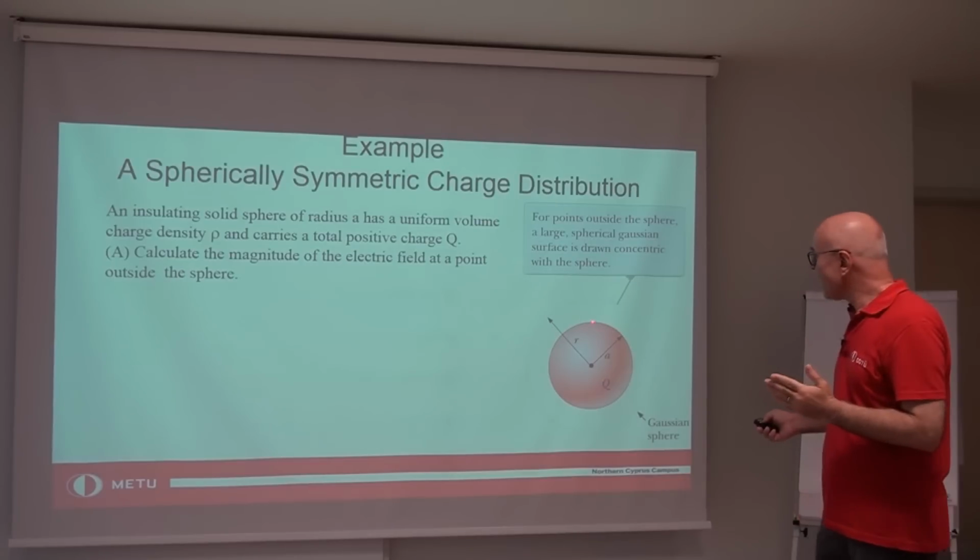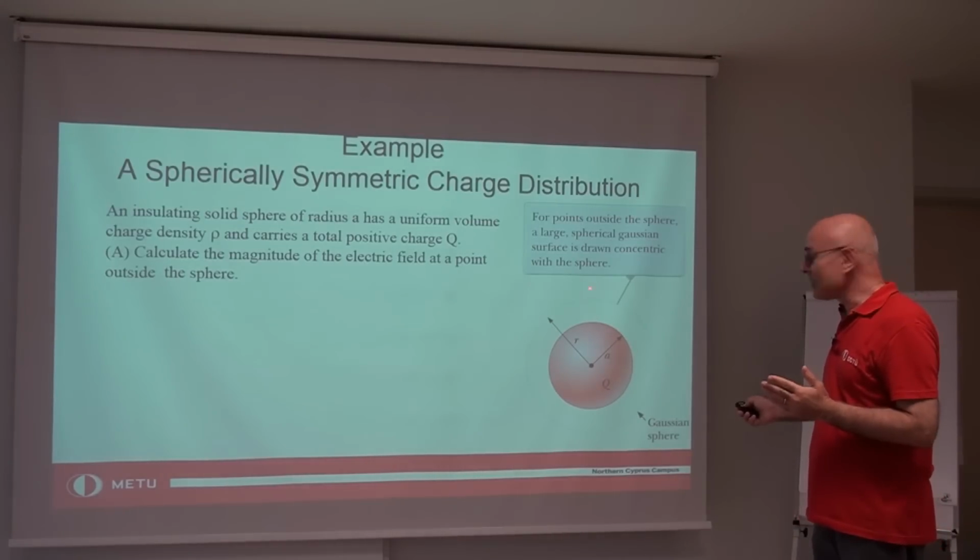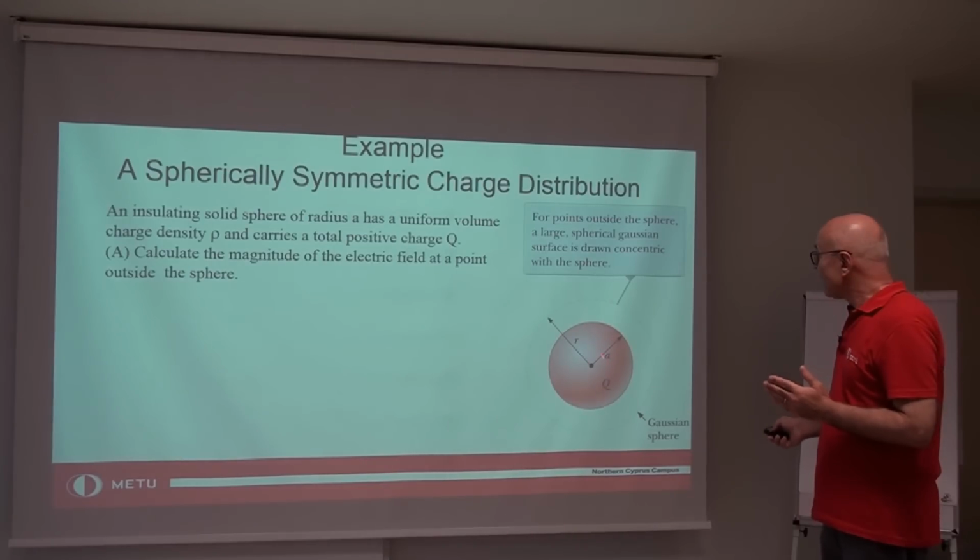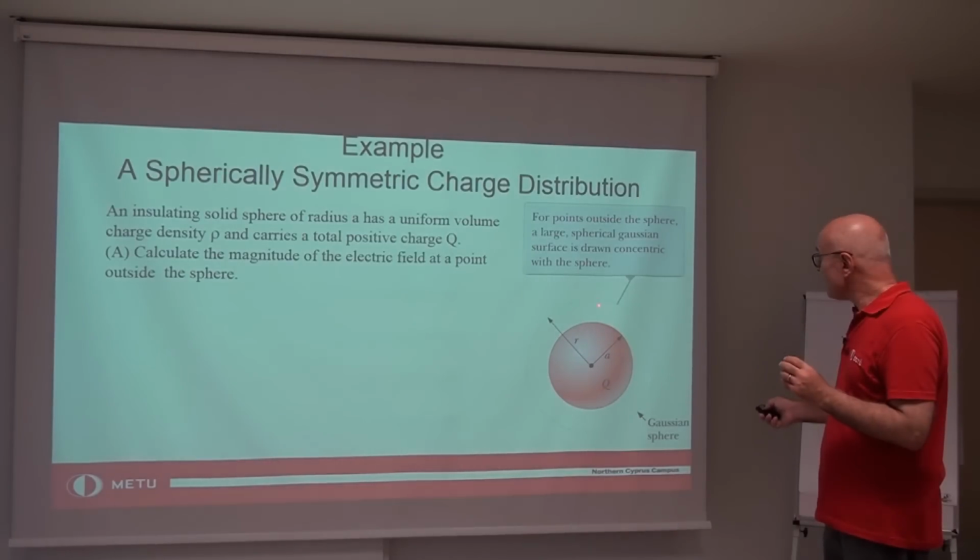Now, why is this? Again, because due to the symmetry and the fact that the charge is evenly distributed, this electric field here is generated from all portions of the charge.